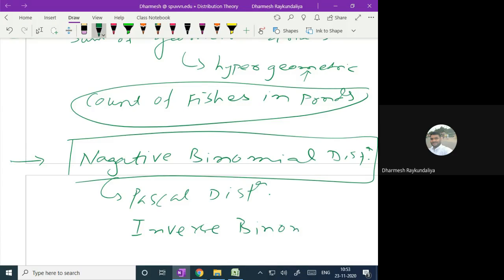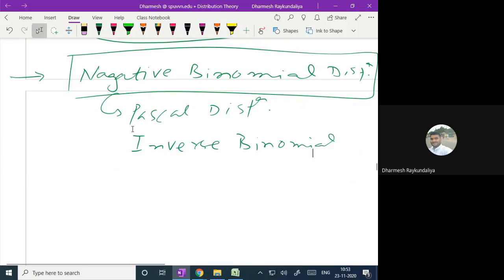See, whenever you are giving the NET or SET examination, such kind of questions are there. If you try to relate each and every distribution with each other based on certain properties, it is very easy to clear such competitive examinations. So inverse binomial or negative binomial or Pascal distribution.